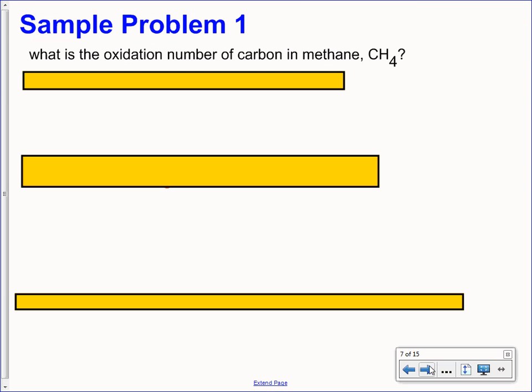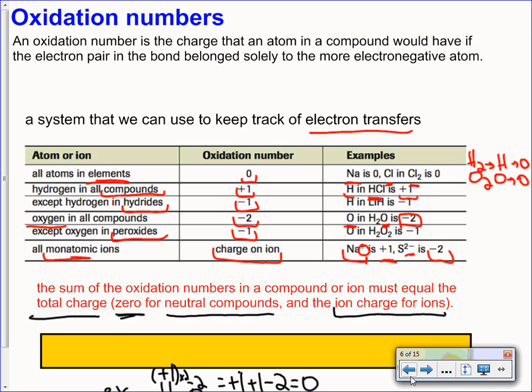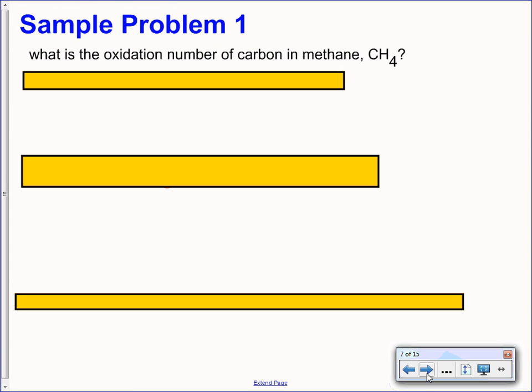So we can use oxidation numbers now to determine what an oxidation number of another atom will be. And we can use the information that we have in our chart to help determine what that oxidation number will be.